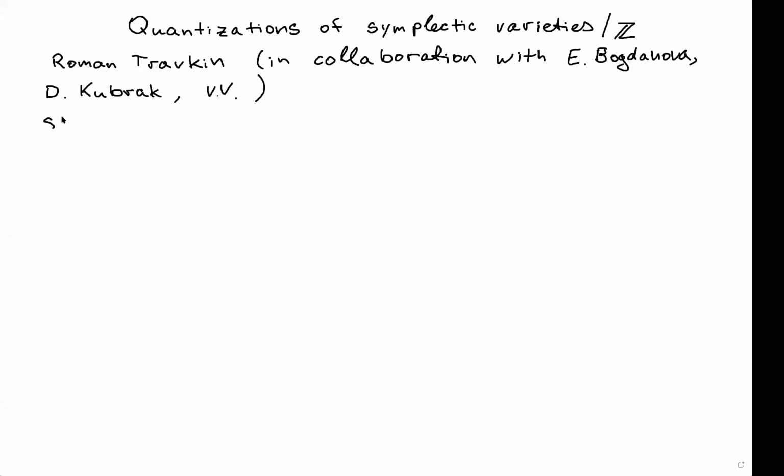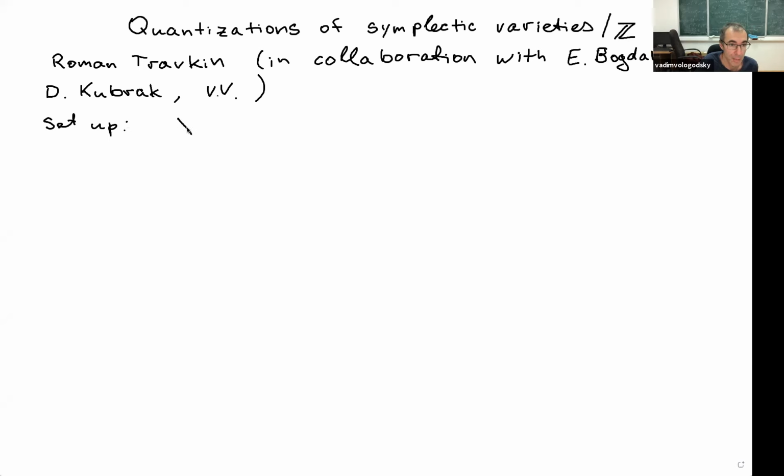So the setup is the following. I will fix some scheme X over R equipped with a Poisson structure.